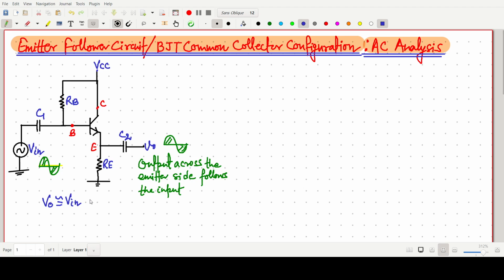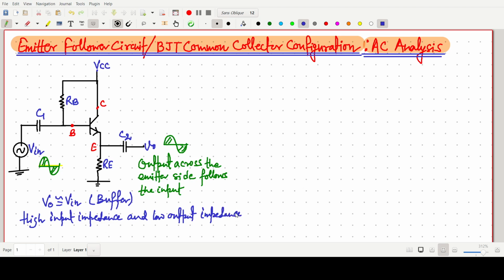So it is also used as a buffer, because it has a high input impedance and low output impedance. So now we will go for the AC analysis.